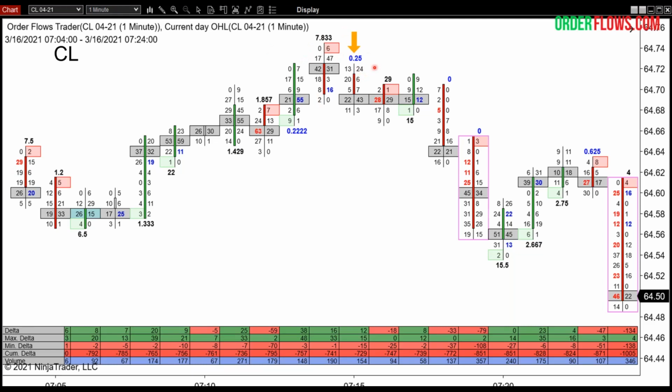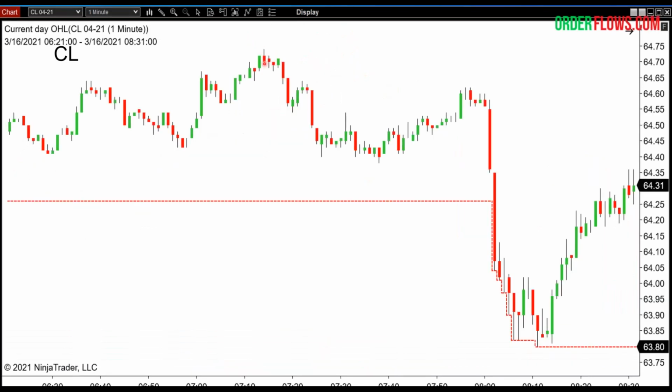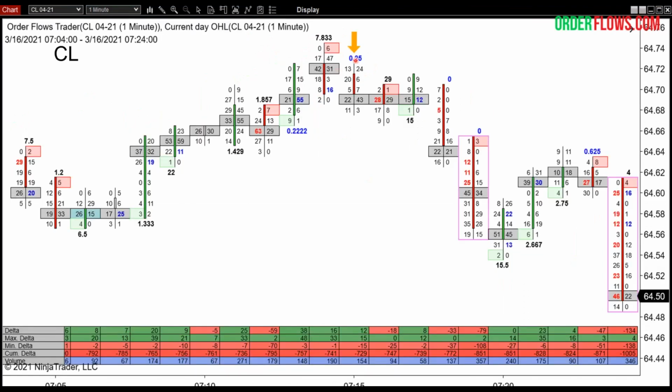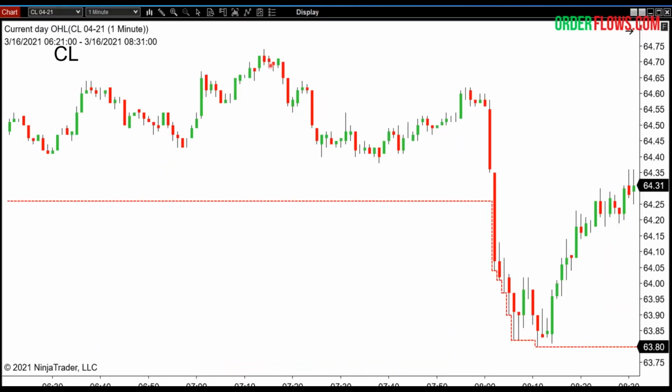This is that area right here, 7:15 in the morning yesterday. But you can see this market weakness, right? The market had been sort of trending a little bit higher. You got a high here, then a higher low, higher high, higher low, higher high, right? That's your wave analysis, right?